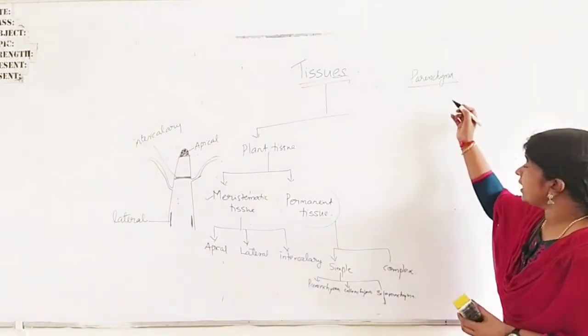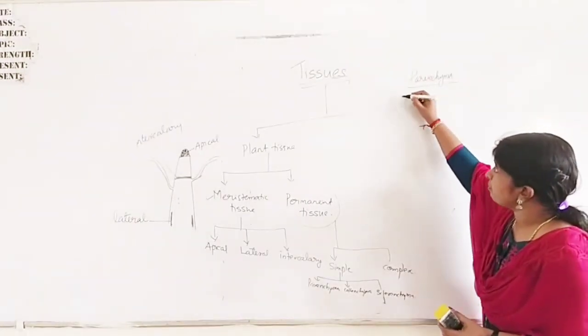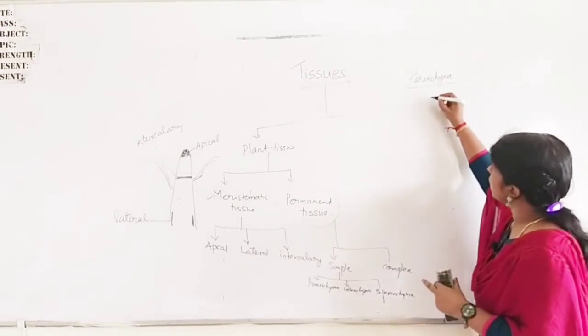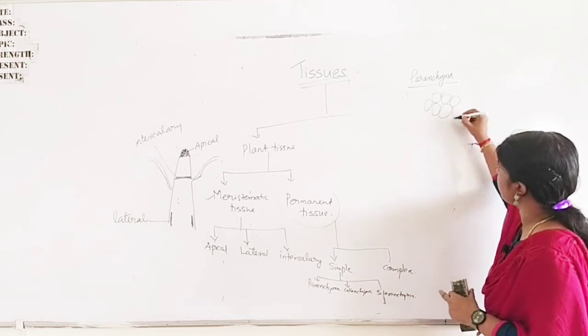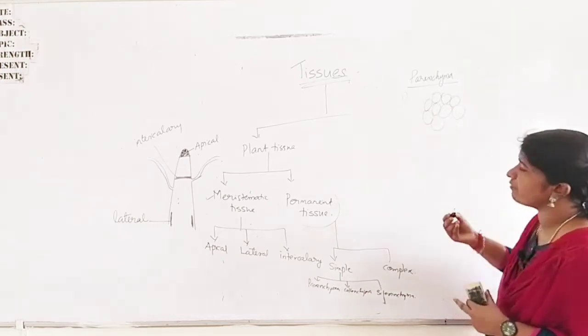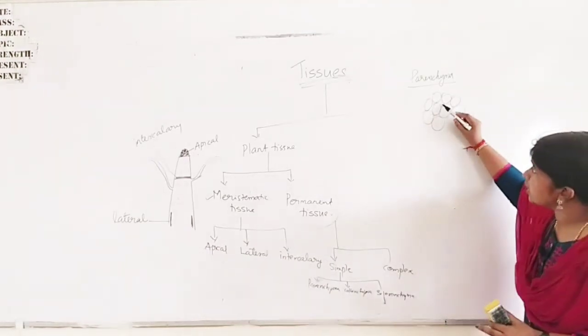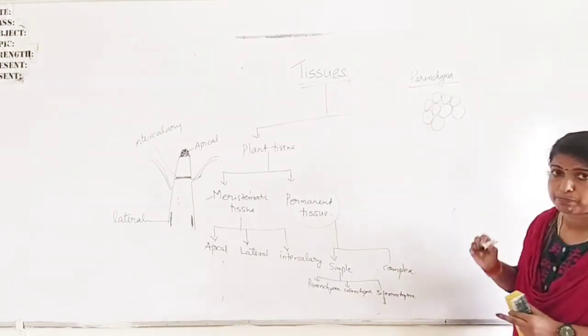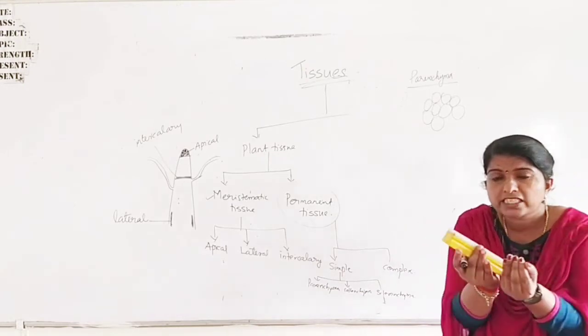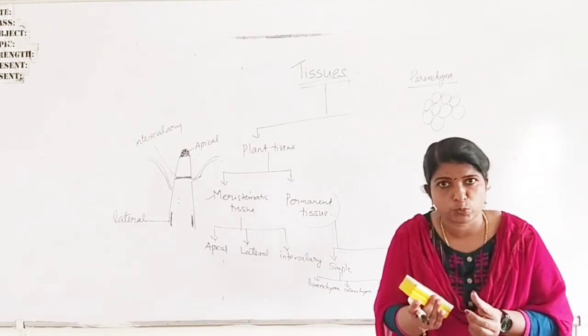Here the major characters are, these are circular or oval in shape. It is isodiametric. The shape may vary, and these are arranged with intercellular spaces. This is the intercellular space. The cells are not compactly arranged, some space in between.